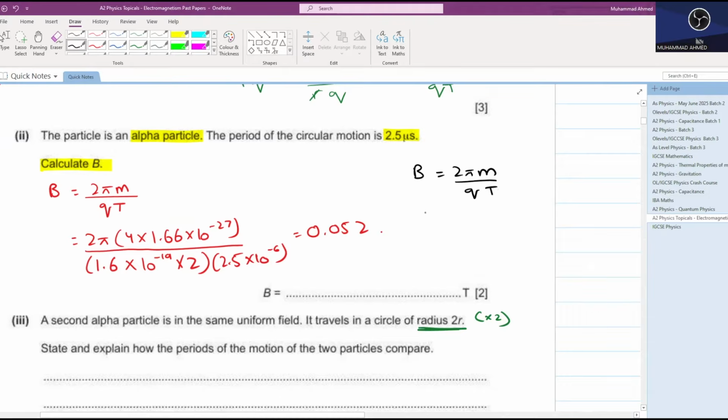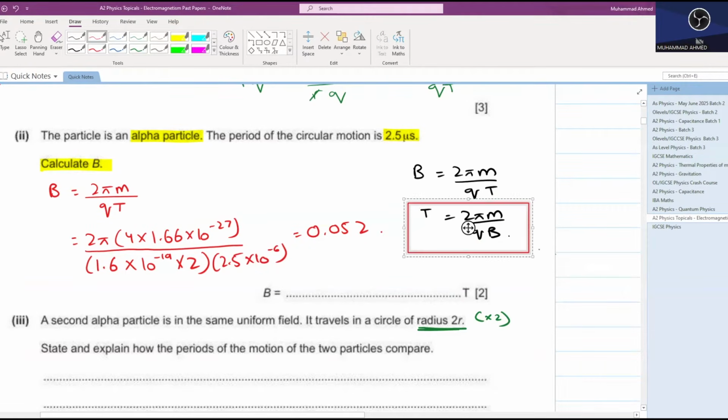Let's make T the subject. T is equal to 2 pi m over qB. Now, you can notice that in this formula for time there is no radius component. Time is dependent on mass, charge, and magnetic flux density, but not on radius.